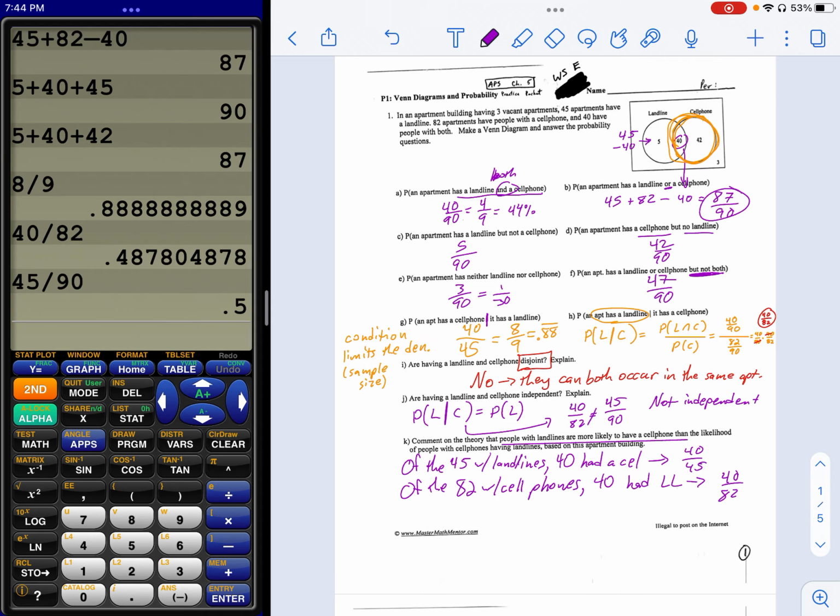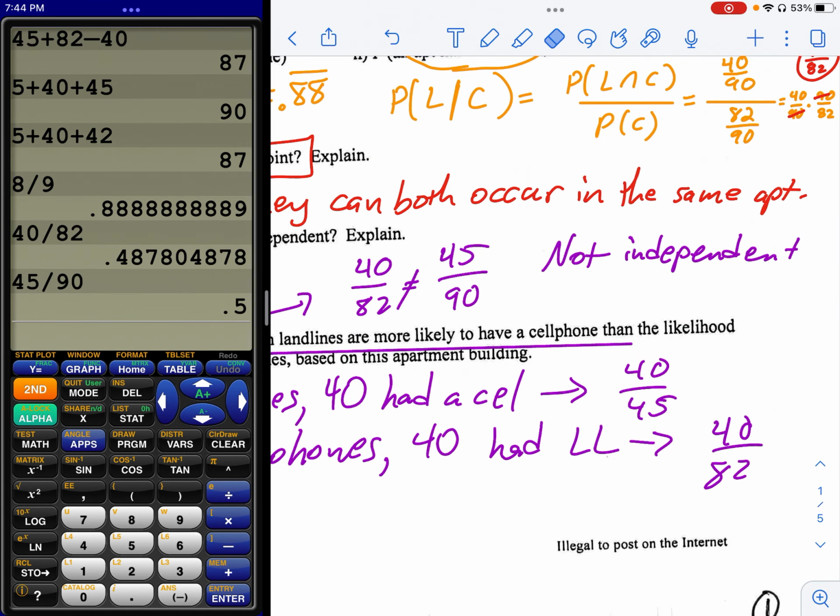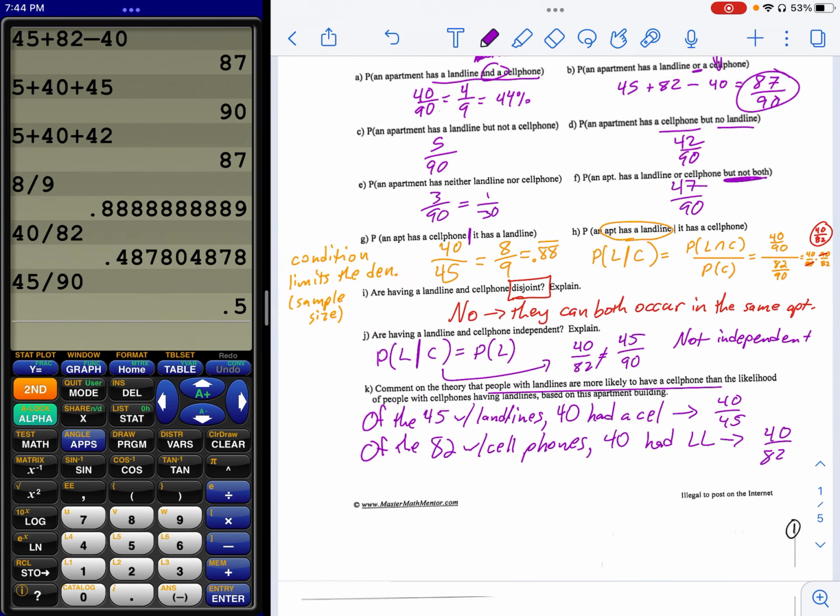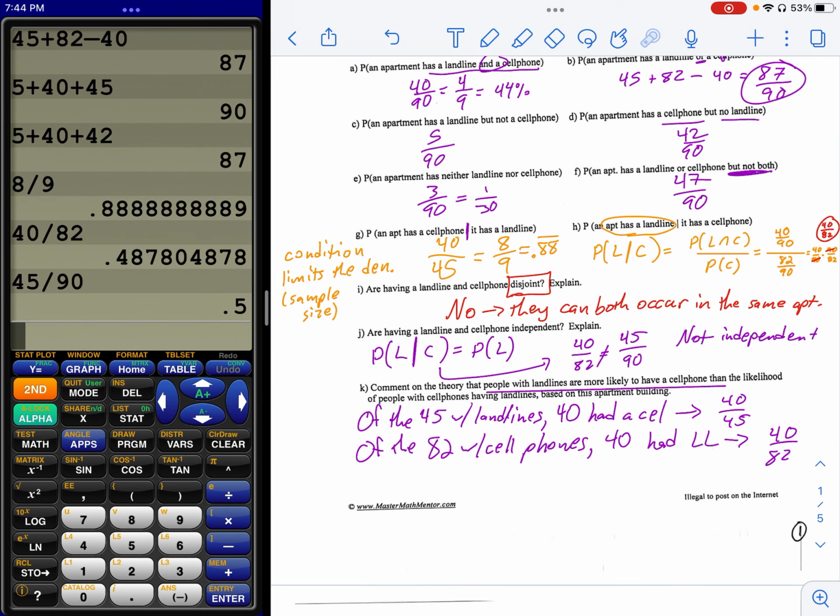And so that's 40 out of 82. So they're asking you to more or less compare these, and does one have more of a factor on the other? And I would say yes, okay? Because this is very high. This is like 90%, and this is only about 50%.